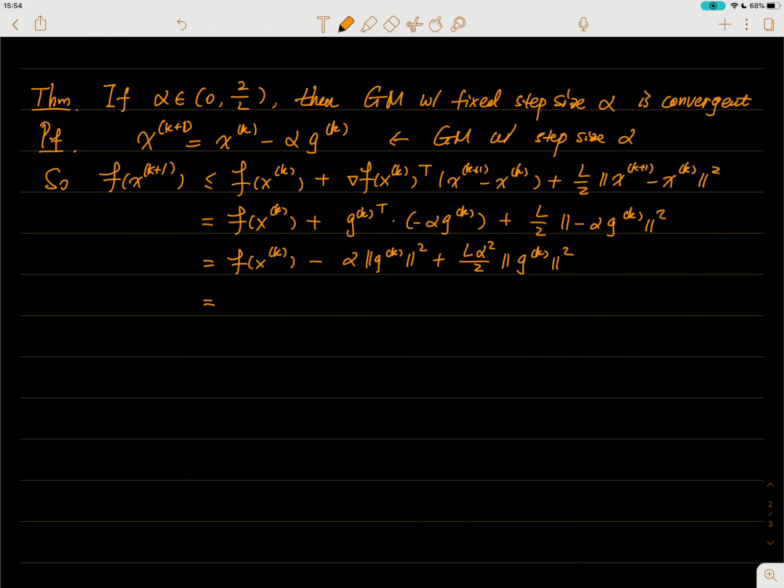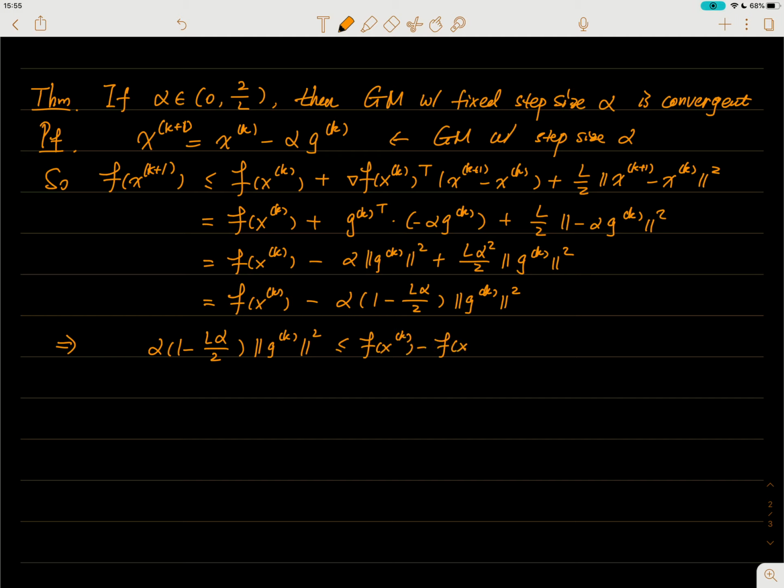I can combine the last two terms because they're both norm of g k squared, so minus alpha times 1 minus L alpha over 2 times norm of g k squared. So if I move this last term to the left and move f of x k plus 1 to the right, we have alpha times 1 minus L alpha over 2 times norm of g k squared less than or equal to f of x k minus f of x k plus 1.